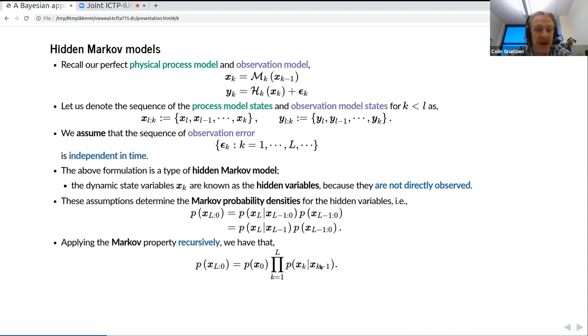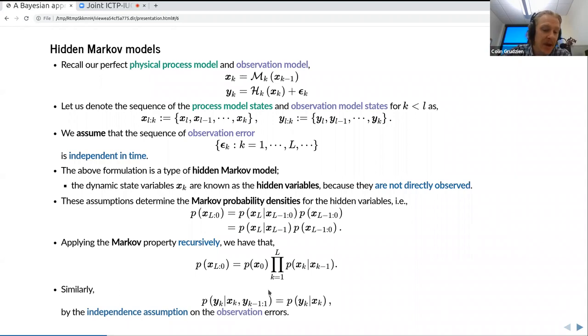That is, as k ranges from 1 to L, the conditional density for x_k given the last time. And so together, this gives the complete representation of the joint density under these hypotheses.